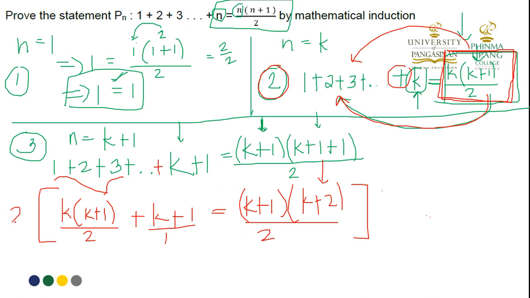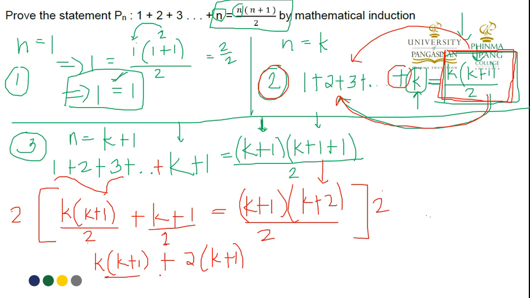What is 2 divide 2? 1. Copy mo yung k plus 1 plus, what is 2 divide 1? 2. So meron tayong 2 times k plus 1.